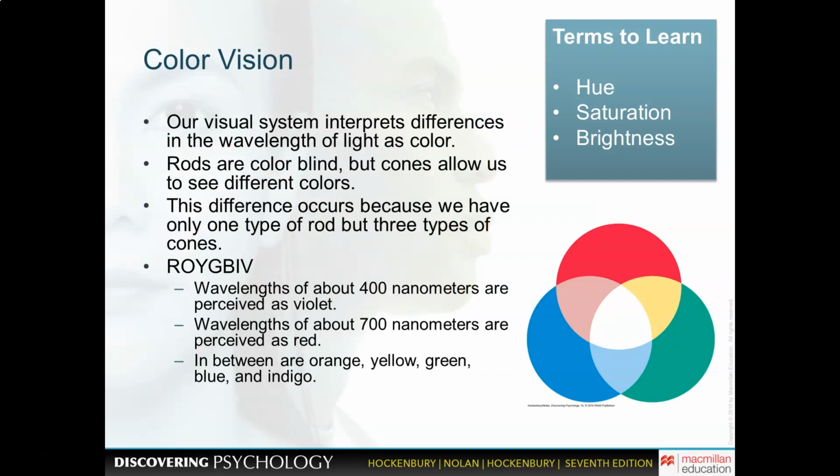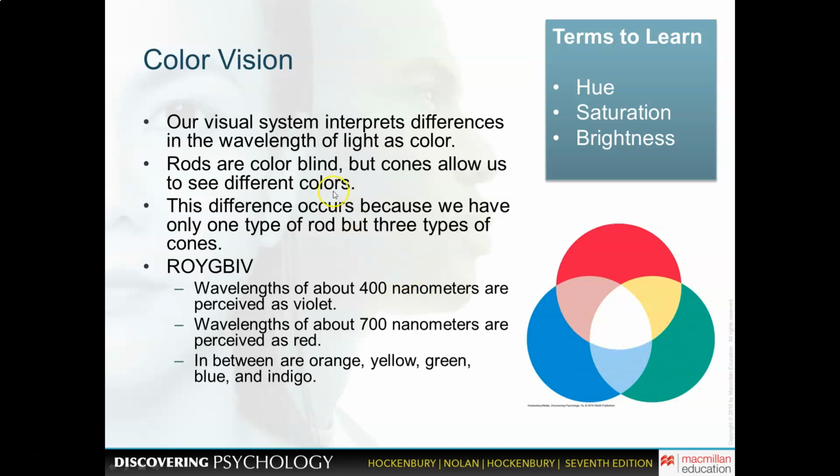Now, how do we see color? We see color through processing 3 different basic colors: red, blue, and green. By combining those 3 colors, they form the other colors, as you can see right in here, where the others combine and meet.